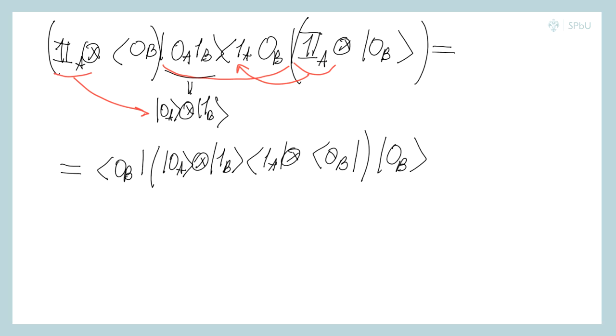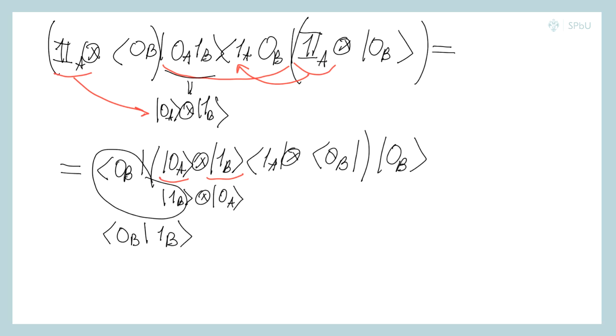And we can now swap these two multipliers. And what we'll see now, we'll have 1B here, and we'll have 0A here. The thing is, now we can combine these two terms into a scalar product of the orthogonal states 0B and 1B, which is equal to 0. And thus, the whole thing will be equal to 0.